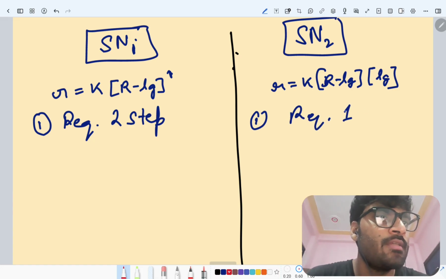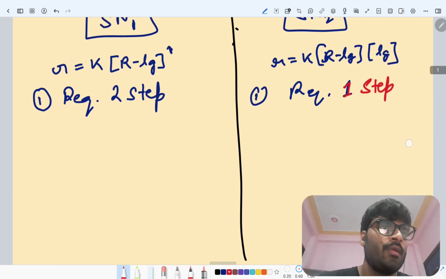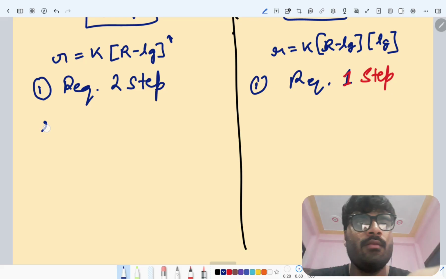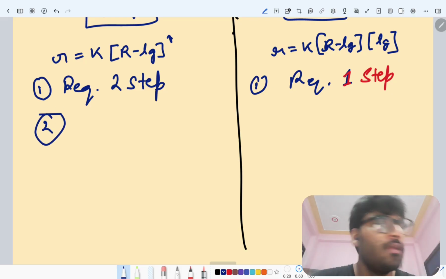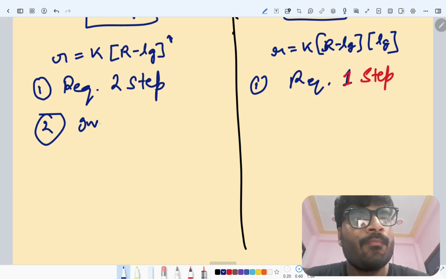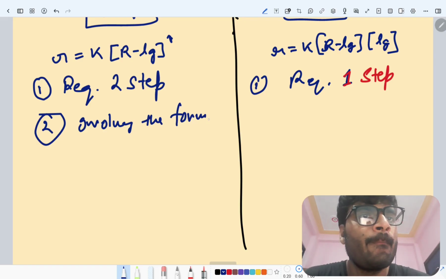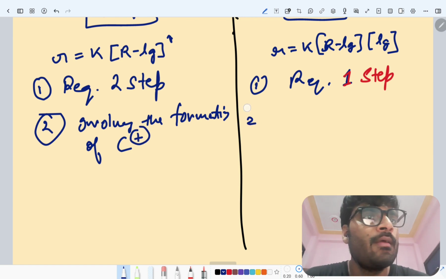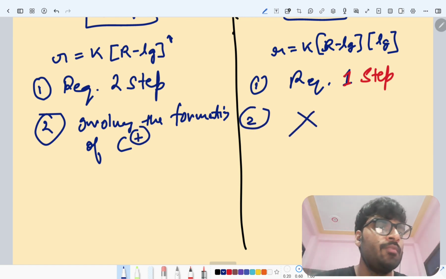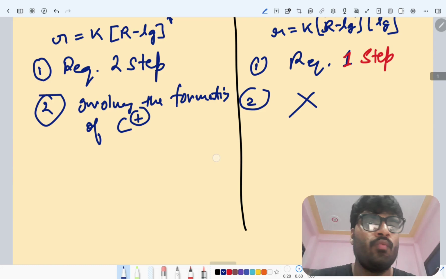And SN1 involves the formation of carbocation, while SN2 does not involve the formation of carbocation.